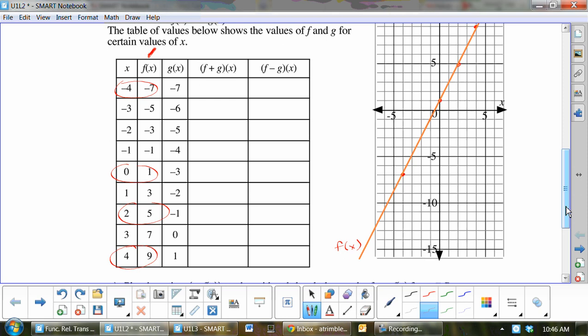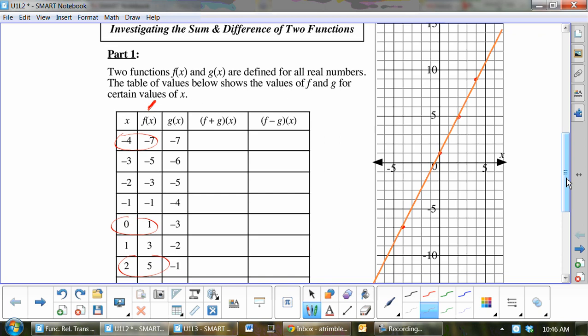Now, let's do g of x. I'm going to do g of x in blue. That one also has (-4, -7) as a point. What's another point? Let's do (0, -3).